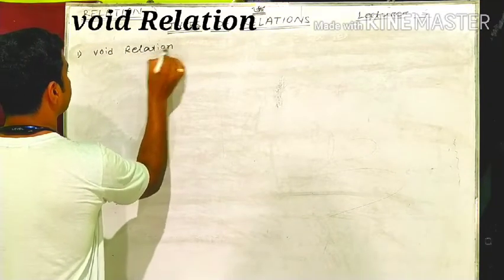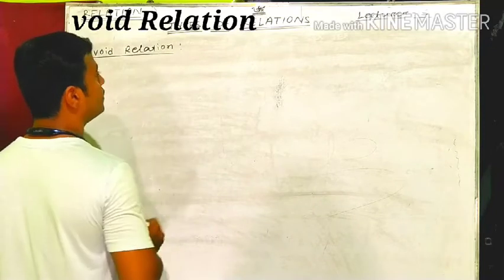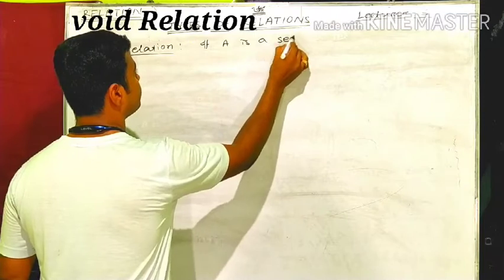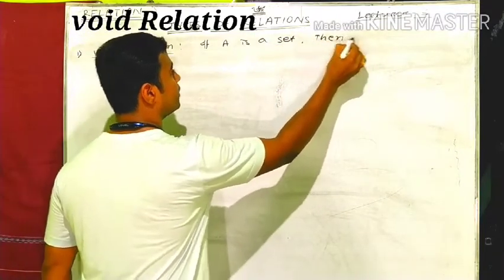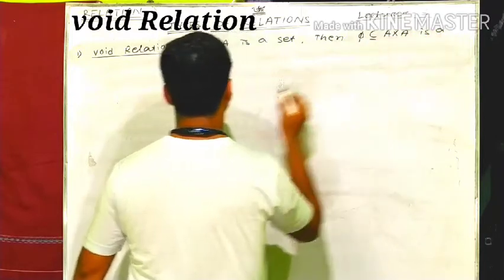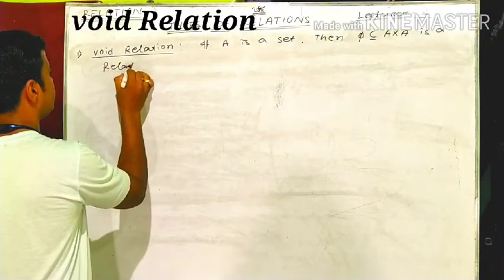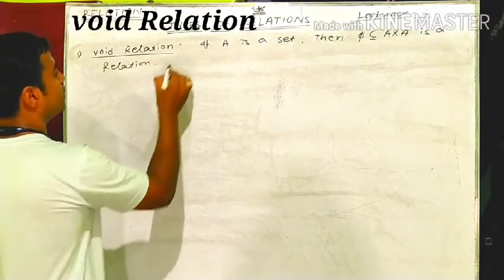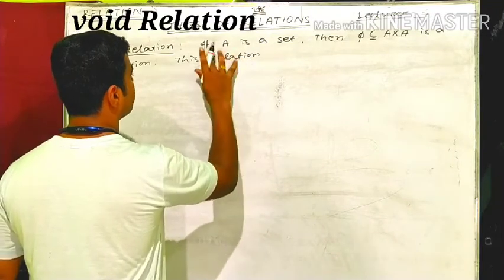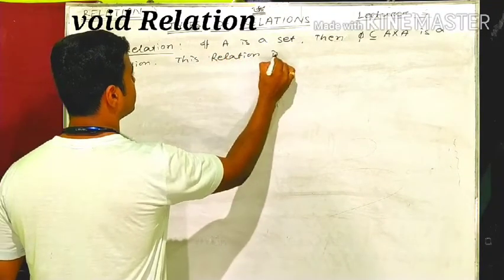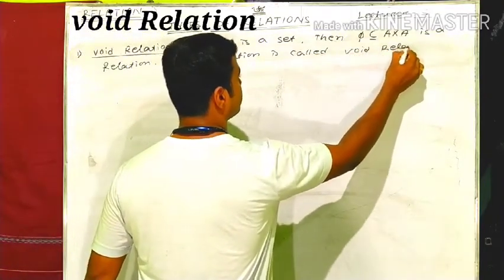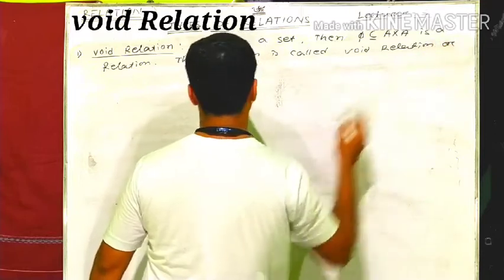Void relation. If A is a set, then phi subset equal to A cross A is a relation. This relation is called void relation or empty relation.